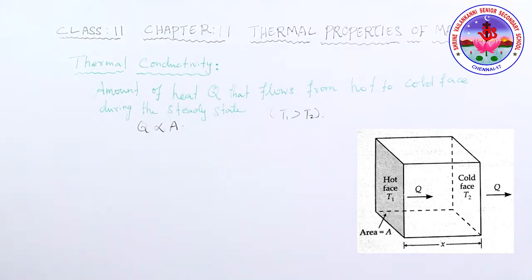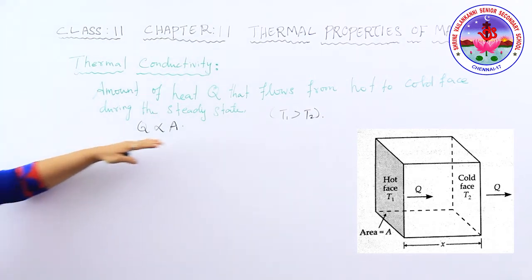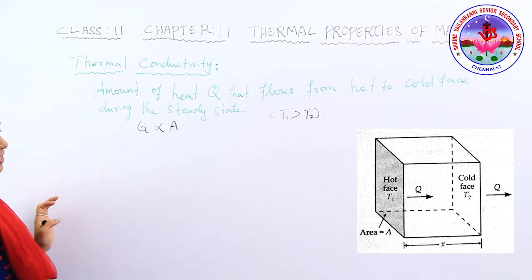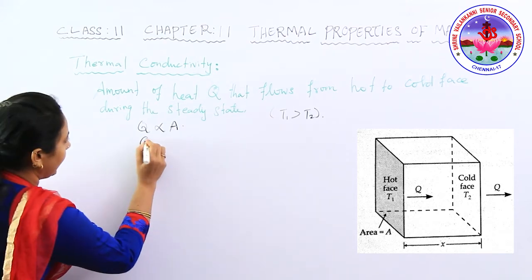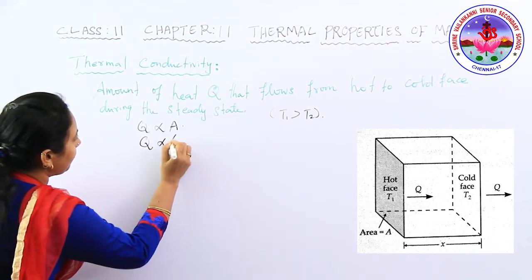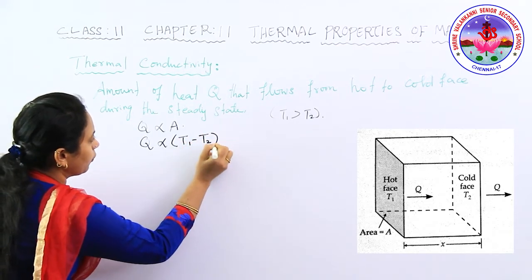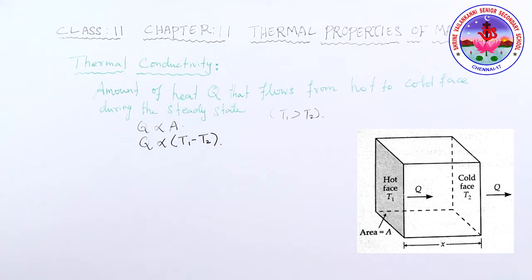First take the area: the cross-sectional area is directly proportional to the amount of heat flowing through the faces. In the same way, Q is directly proportional to the temperature difference T1 minus T2, because we have taken T1 as the hot face and T2 as the cold face, right?